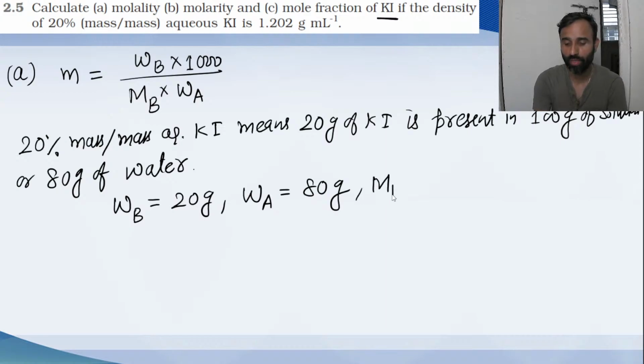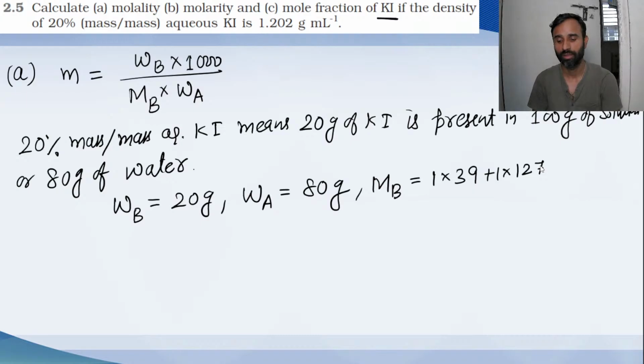So what we need? We need molar mass of KI. So molar mass of KI, there is 1 K, its molar mass is 39, and 1 iodine molar mass is 127.